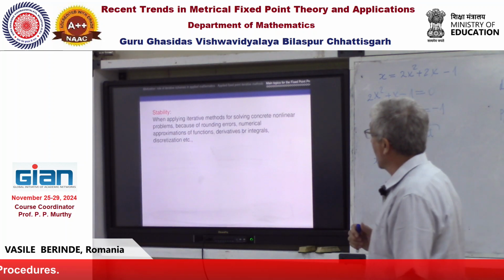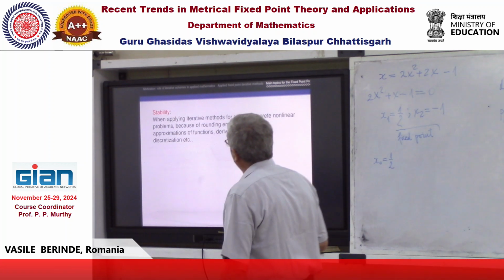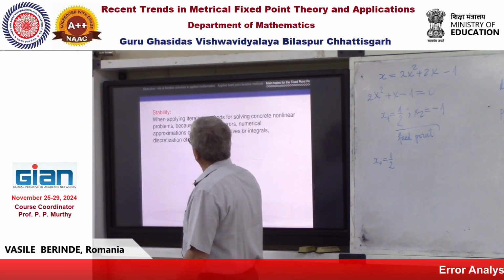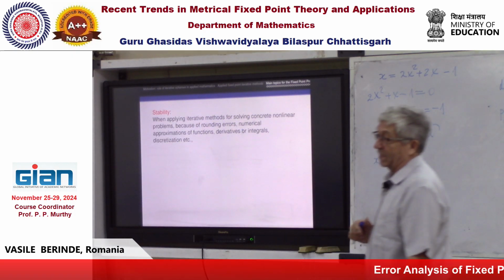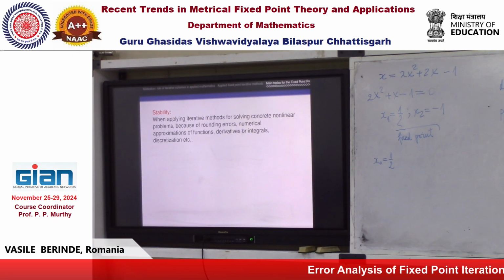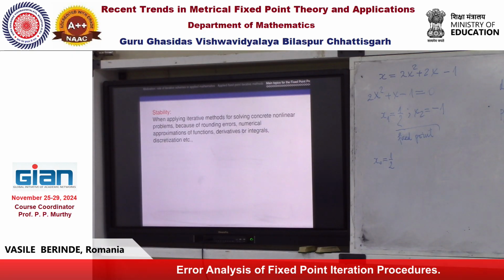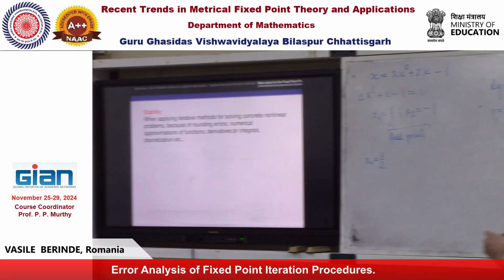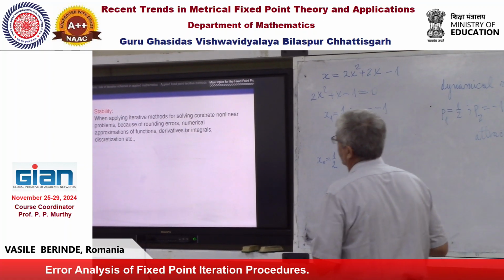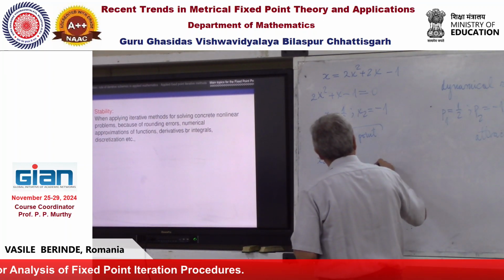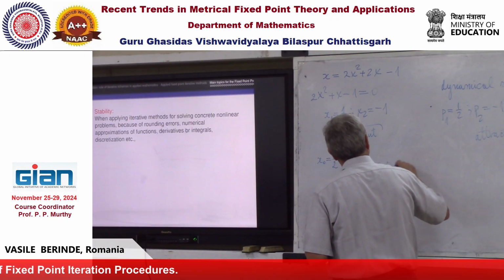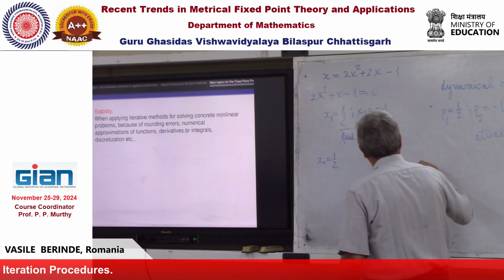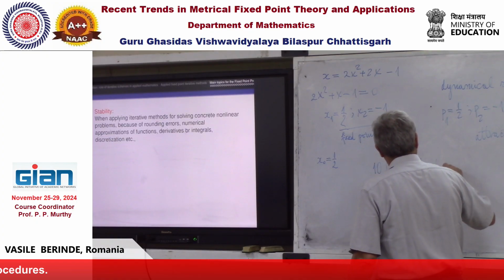But I want to speak here about stability of iterative methods, mainly of fixed point iterative methods. And why? When we apply a certain iterative method, we have seen this example, I mentioned, of 10,000 iterations.